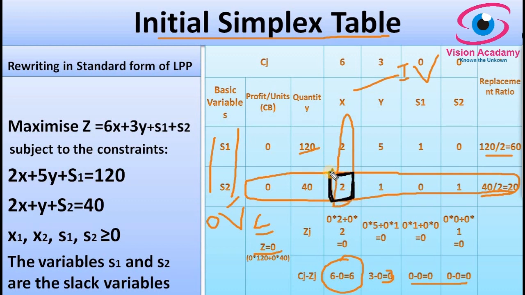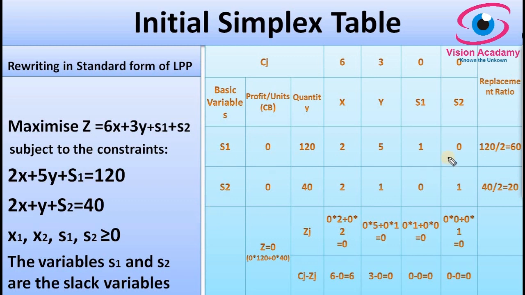This is the key element. And one more thing we should consider: S1 and S2 are basic variables, and these two basic variables are in the identity matrix. Identity matrix means the values are in unity, 1 0 and 0 1. This is the form we will carry to another iteration.